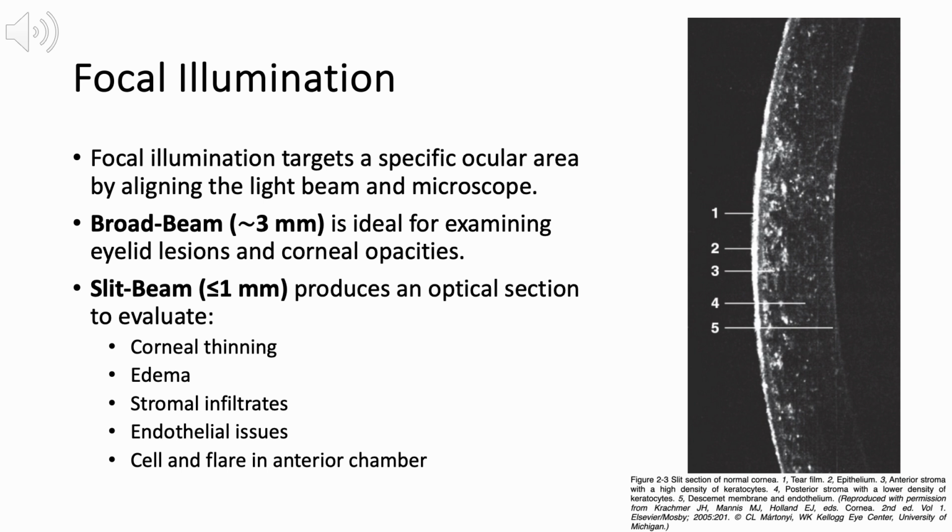In contrast, a slit beam, typically 1 millimeter or narrower, creates an optical section that allows detailed assessment of corneal architecture. This is particularly useful for evaluating corneal thinning, edema, stromal infiltrates, and endothelial abnormalities. Additionally, it helps detect cells and flare in the anterior chamber, offering vital clues in the diagnosis of intraocular inflammation.